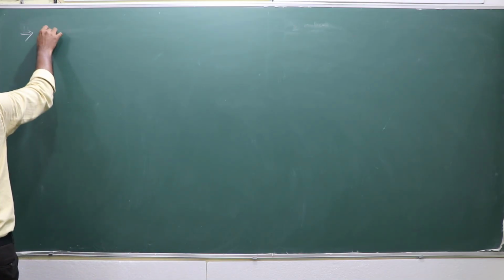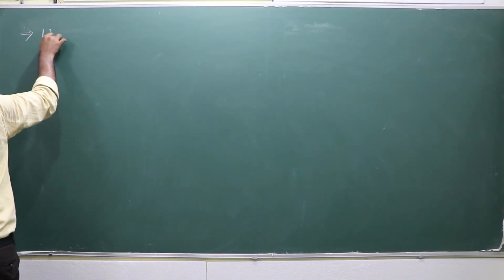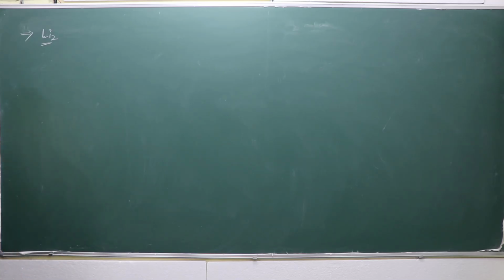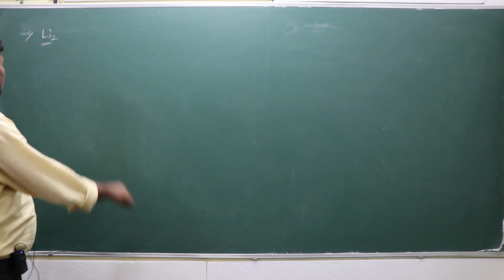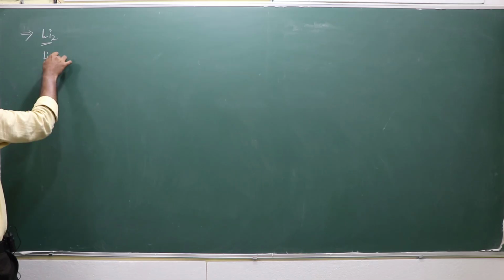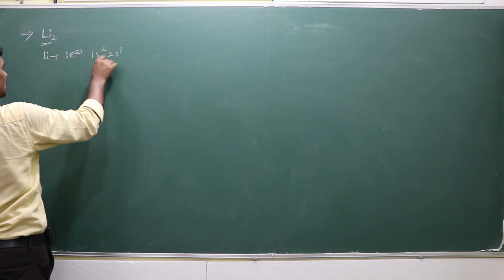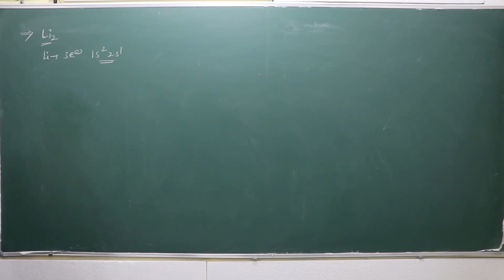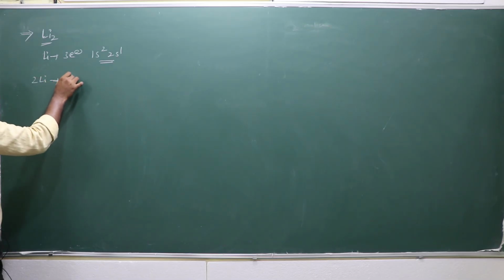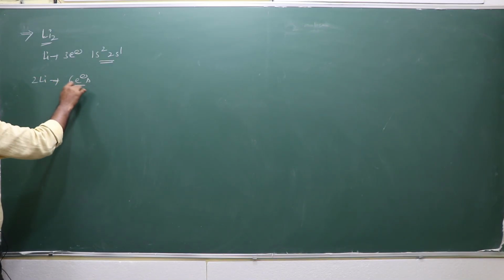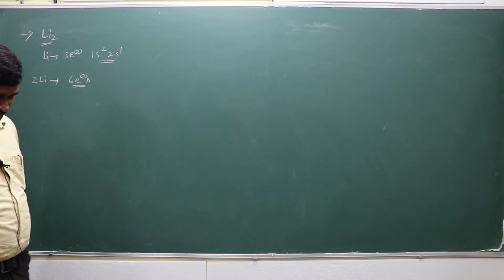So here it is lithium 2. One lithium atom has how many electrons? 3 electrons, so 1s2 and 2s1. Another lithium atom also has 3 electrons. With 2 lithium atoms, the total is 6 electrons.